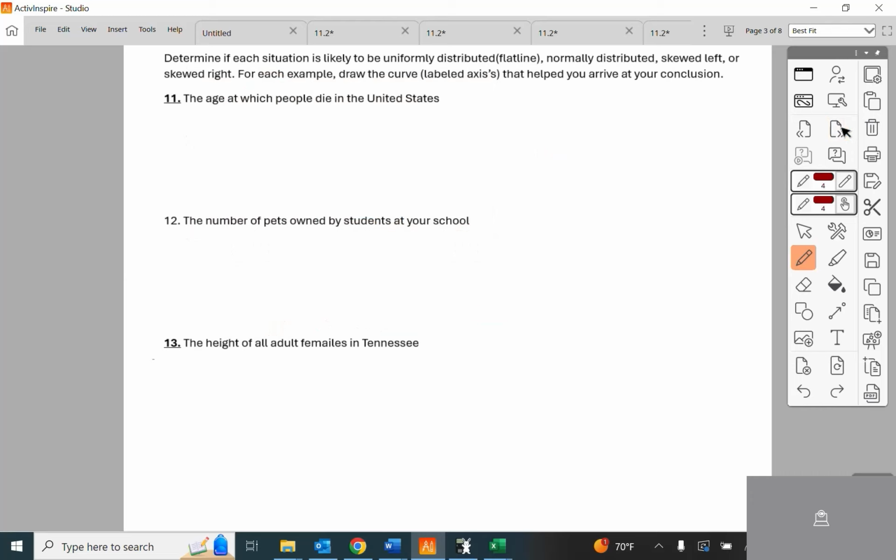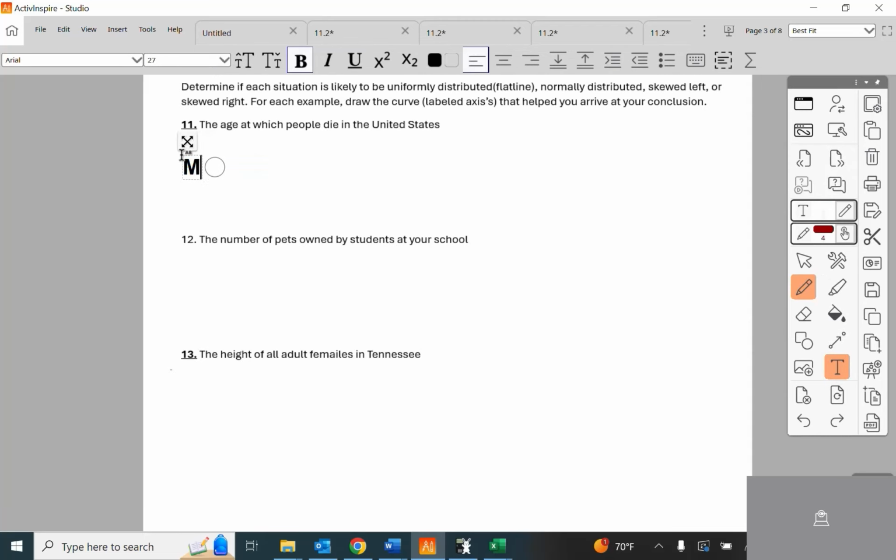Determine if each situation is likely to be uniformly distributed, which is a flat line, normally distributed, skewed left or skewed right. For each example, draw the curve with labeled axes that help you arrive at your conclusion. So I highlighted two of these, 11 and 13. The first one is the age at which people die in the United States. It occurs to me that more old people die than young people.